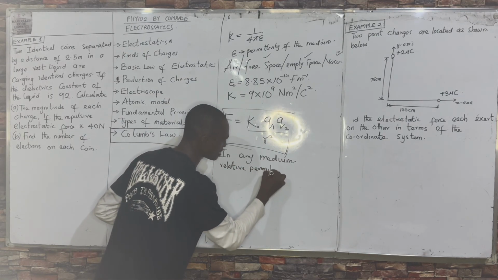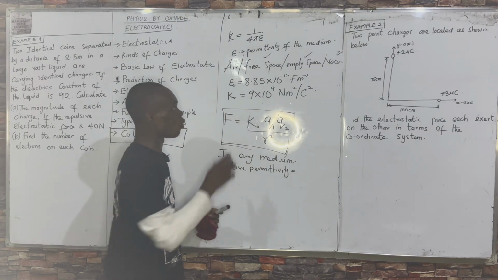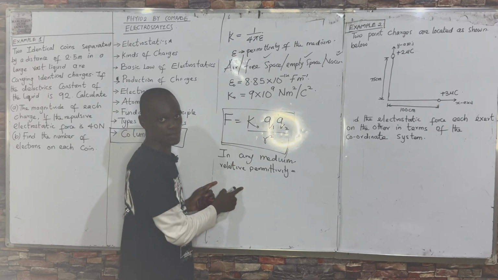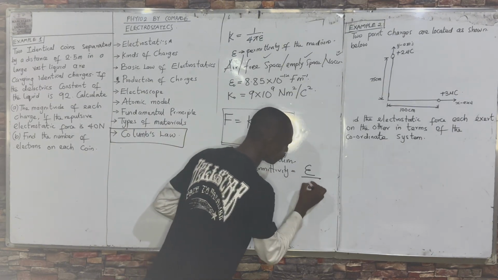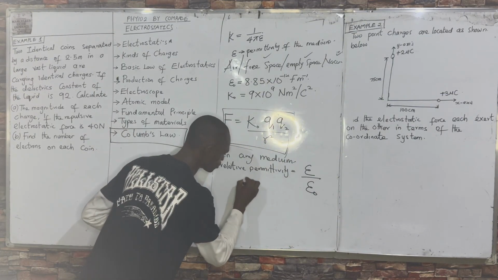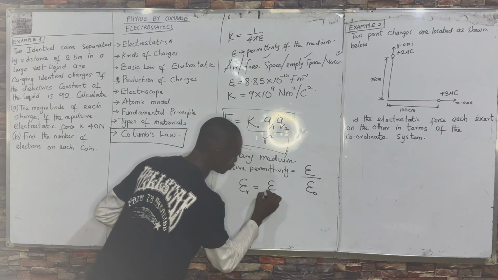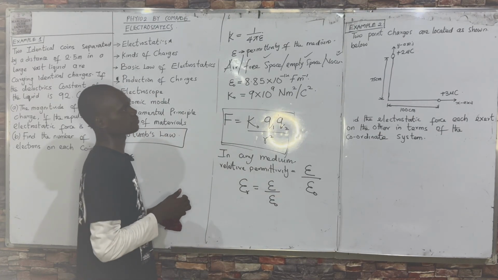If the interaction of the charges is in any medium aside from air, then relative permittivity is permittivity in the medium over permittivity in free space. It means that your relative permittivity ER is permittivity in the medium over permittivity in free space.